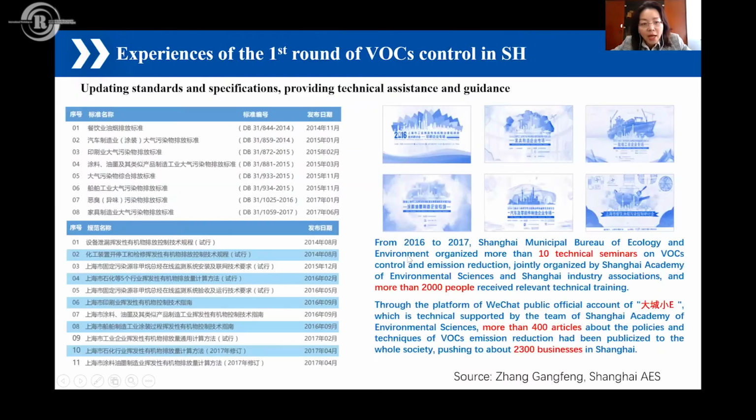We not only promoted the emission control in the petrochemical industry, but also implemented relevant emission standards for the cooking industries, for mobile vehicles, printing industries, as well as other relevant VOC emission sectors.